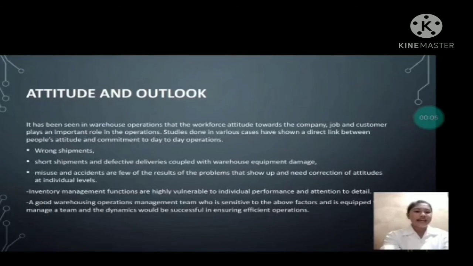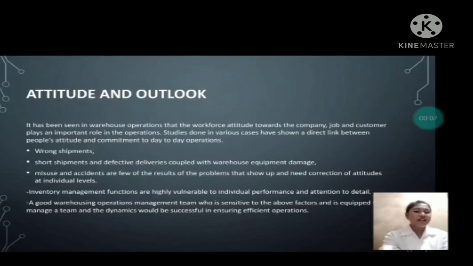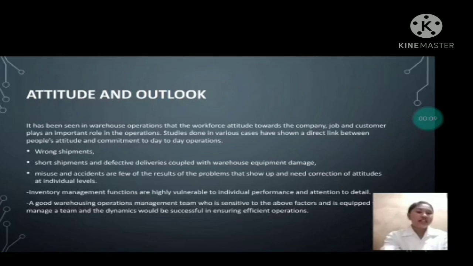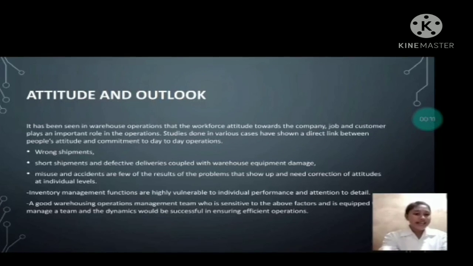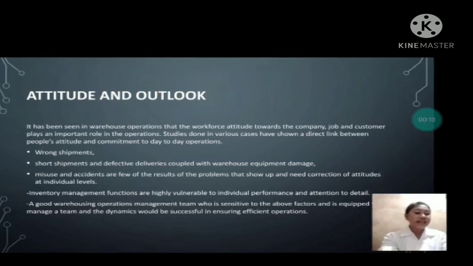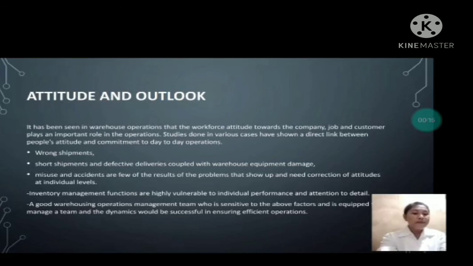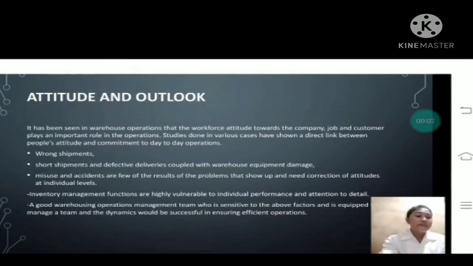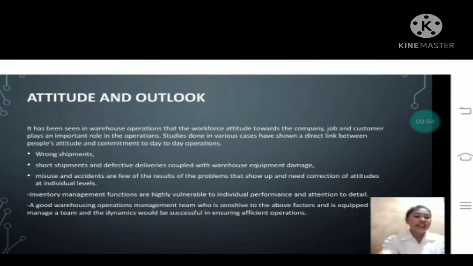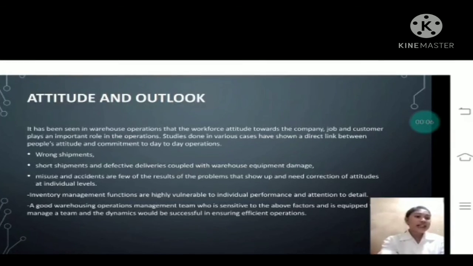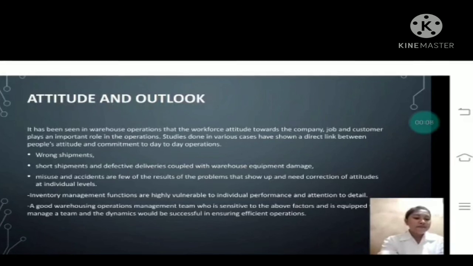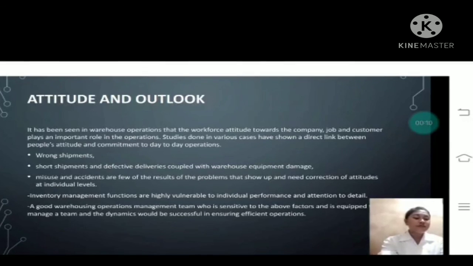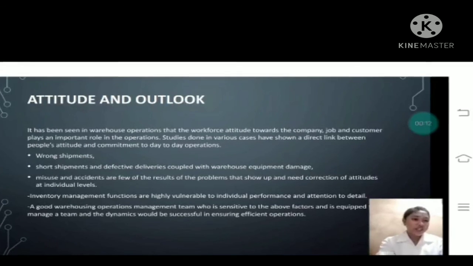Lastly, the attitude and outlook play a vital role in warehouse operations. Studies done in various cases have shown a direct link between people's attitude and day-to-day operation. It can affect the performance of the people during the day-to-day operations. The attitude and outlook are important in order to have successful and efficient operations.